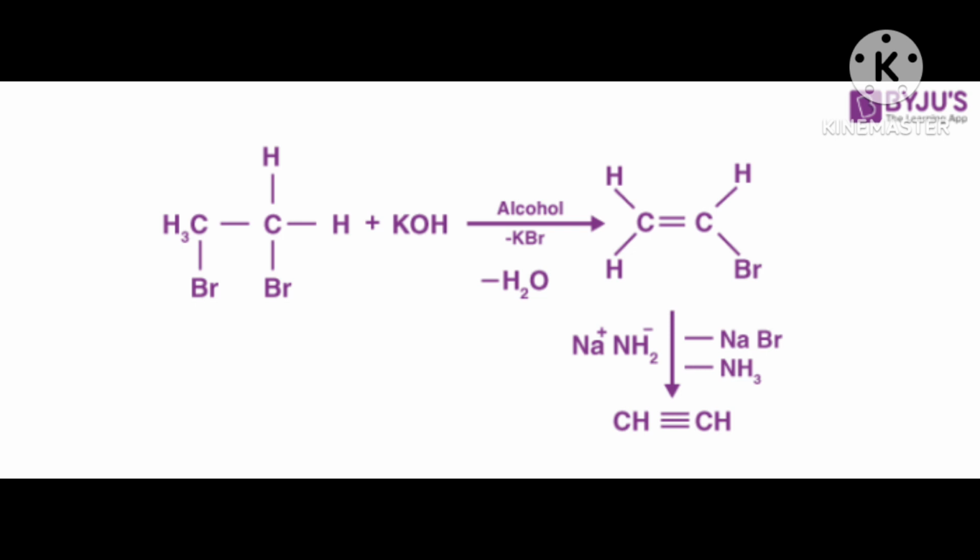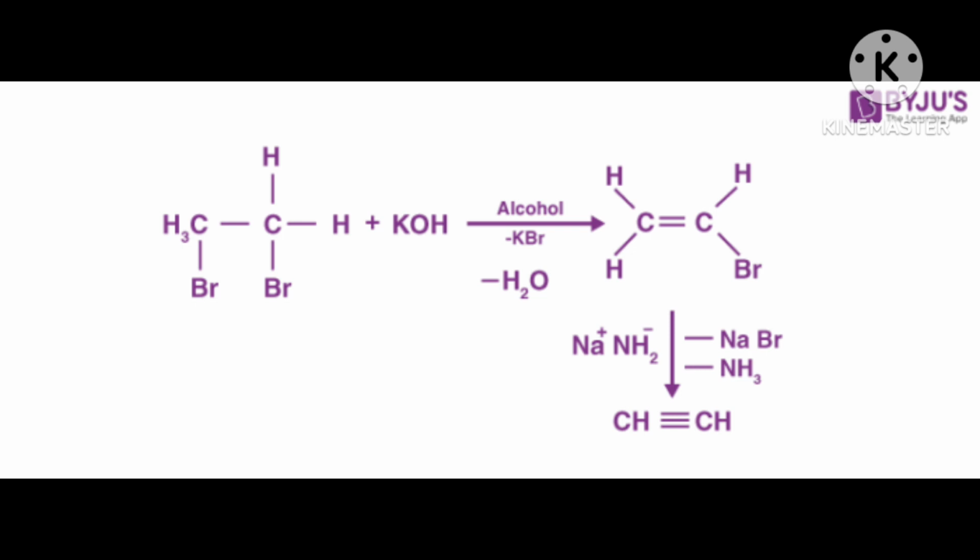This is also an important reaction. Take a dihalide, for example CH2Br, again CH2Br, both carbons joined by a single bond. This is the vicinal dihalide, because both bromine atoms are on adjacent carbons, very close together.